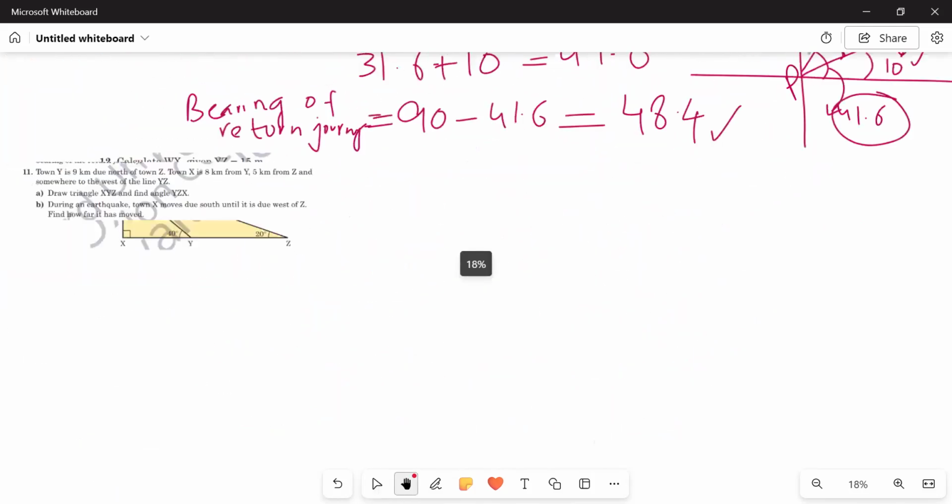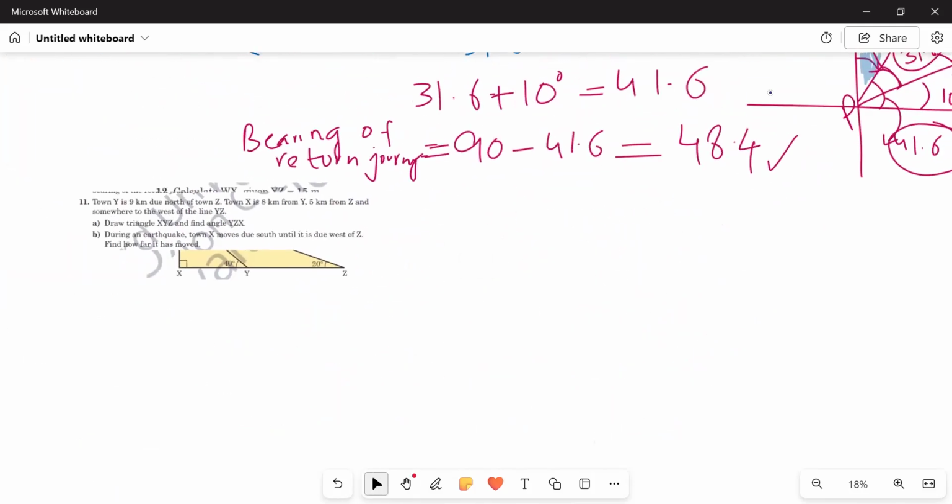Okay, now next: town Y is 9 kilometers due north of town Z, and town X is 8 kilometers from Y. First of all, where is Z? Let me suppose Z is here.